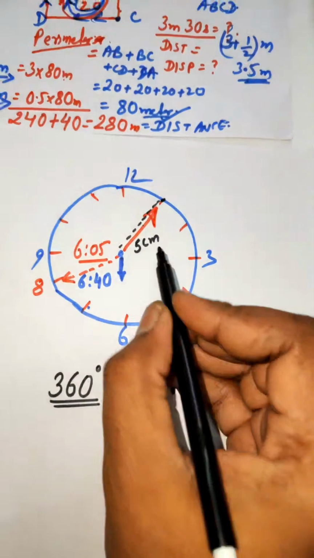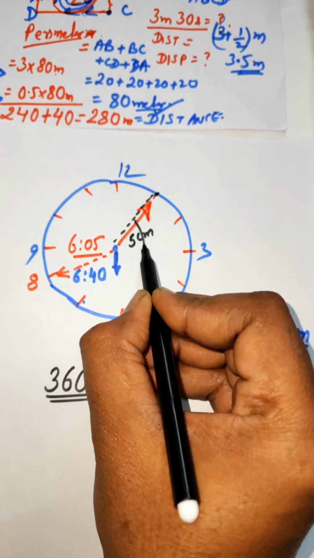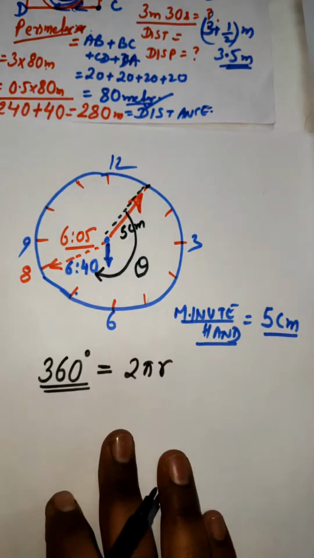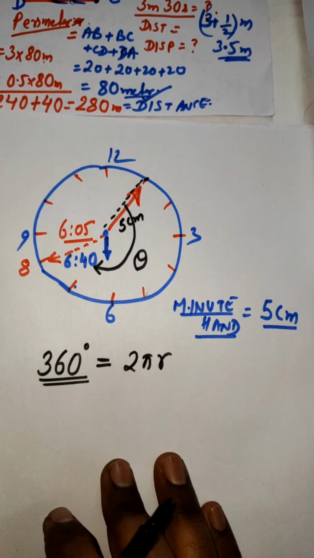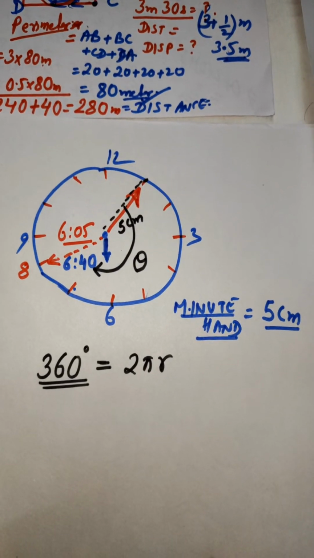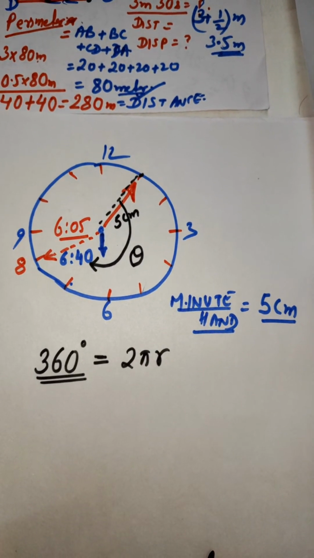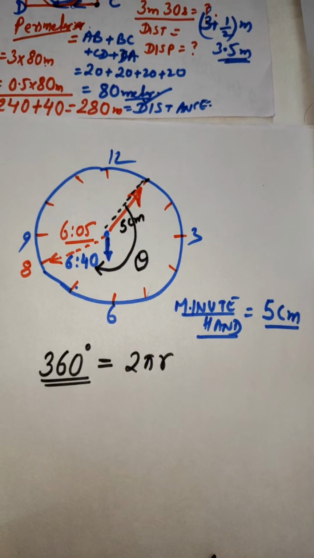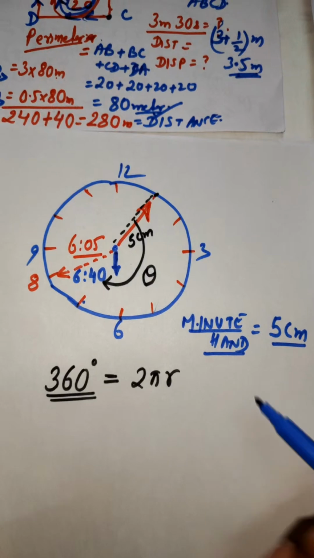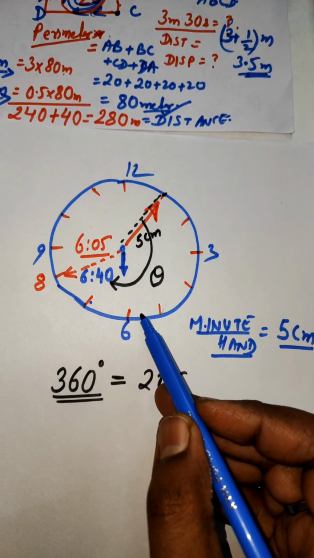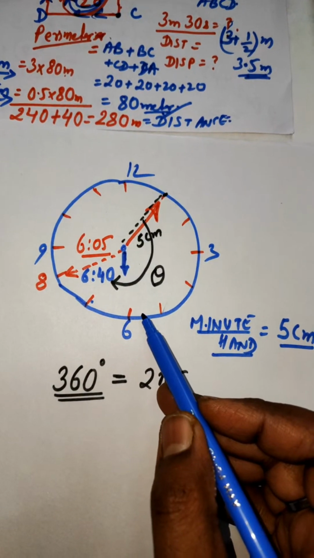So here you can see from 6:05 to 6:40 the position will be like this, and this will be theta. In this question we need to find the distance and displacement of the minute hand and area swept from 6:05 to 6:40. So this question is a combination of physics and mathematics mensuration.